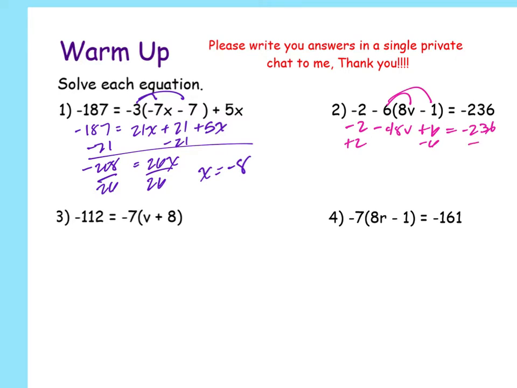That's the same as subtracting 4. So negative 48v is going to equal negative 240, divided by negative 48. V is going to be 5.